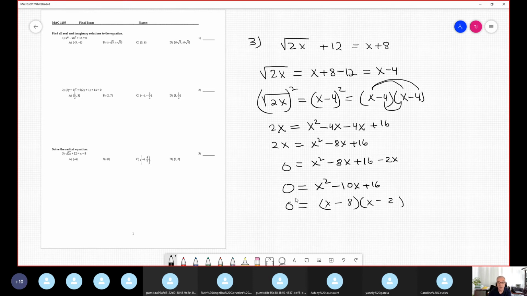Now, one solution is x equals 8, so x minus 8 equals 0, and the other solution is x minus 2 equals 0. And that's it.